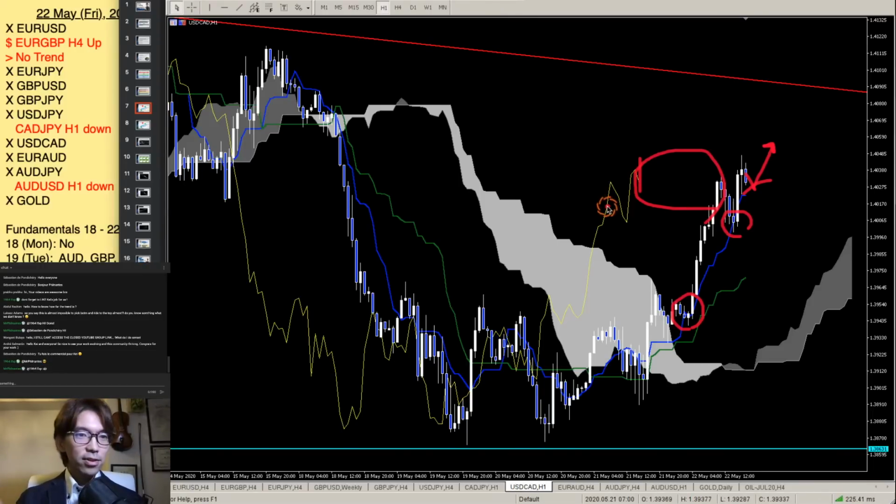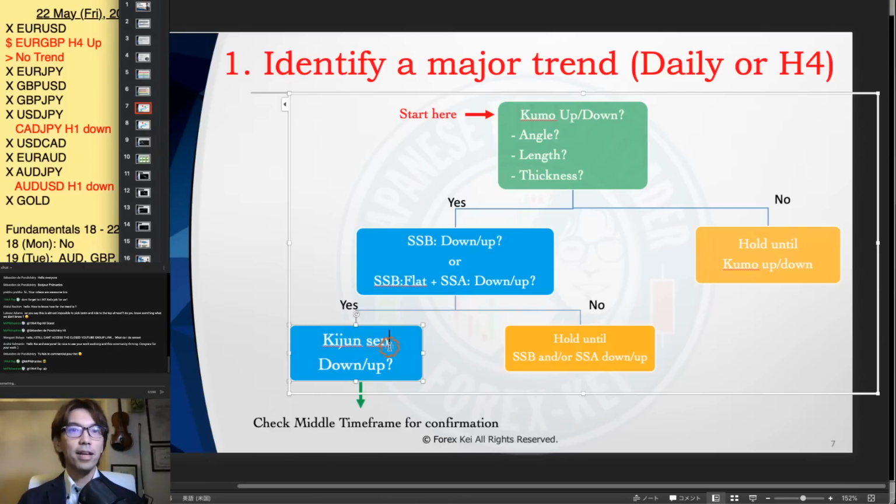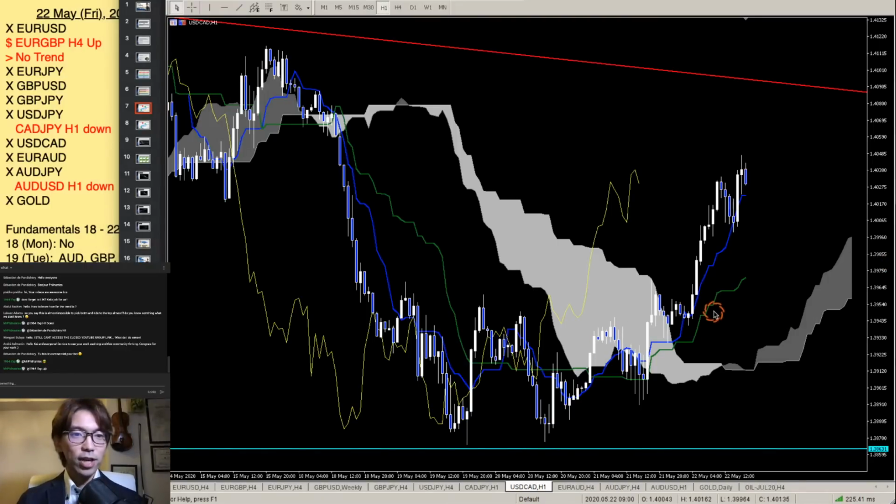But I didn't include this information in this Ichimoku trend checklist because it might be a little bit confusing to everyone. So here I just wanted to be as simple as possible. So I just took the Senko span B and A and Kijun Sen angles because these are already enough.